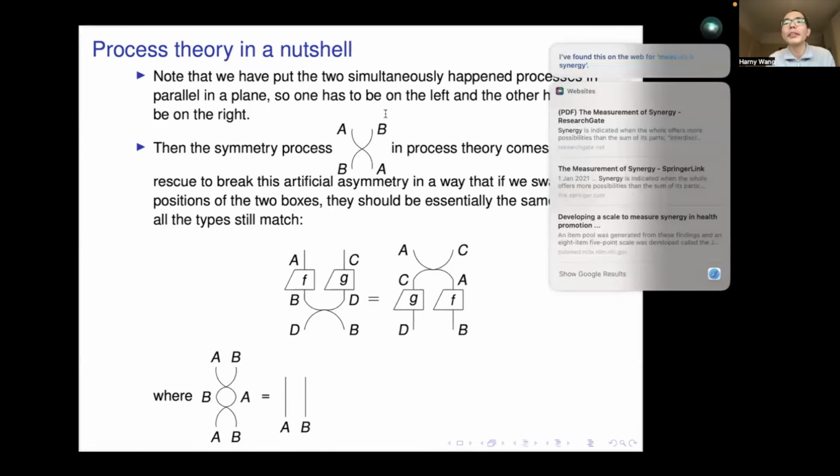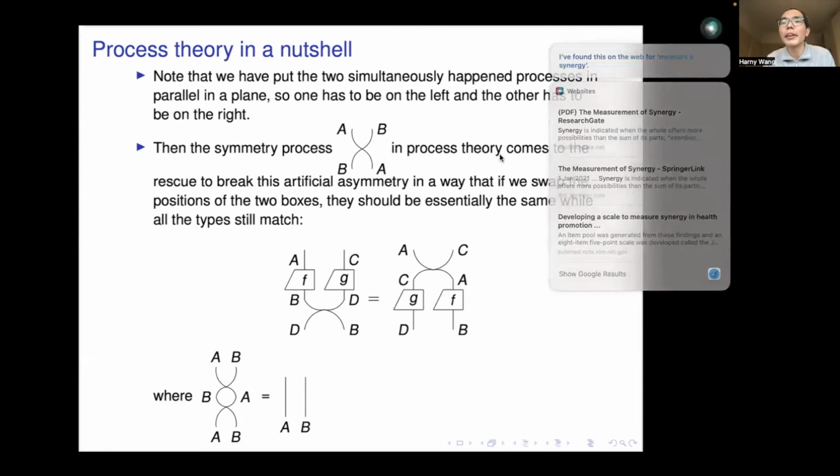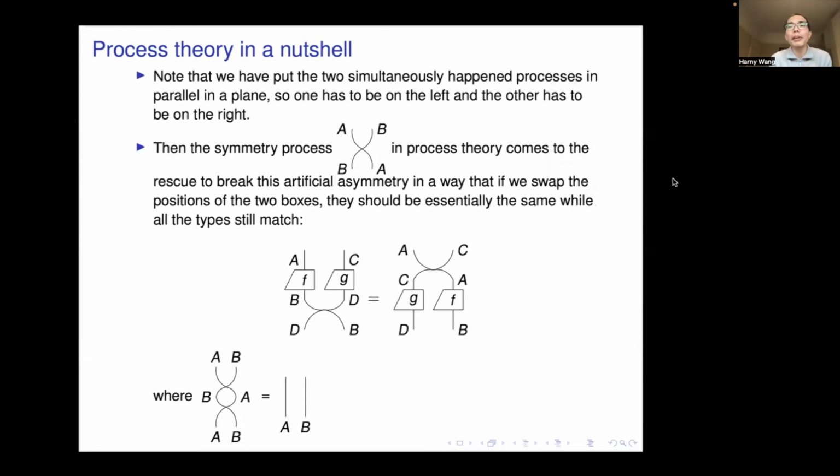The problem is we just need to introduce a symmetry process, which is drawn as a swap from AB to BA. What kind of property do we want these symmetry processes to have, such that we can solve this artificial asymmetry?